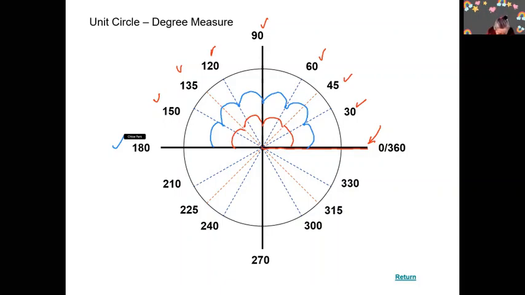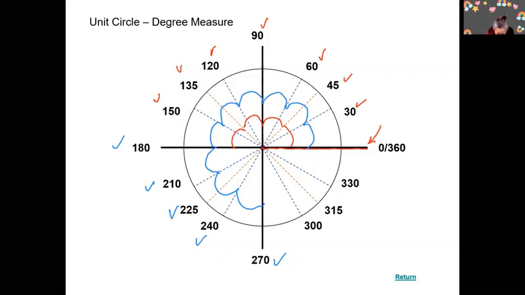In same manner, we go 30 more, 30 more, 30 more, and then we hit 270. On the way, we hit 210 and 240. And then also, this is half, so we will have 225, right?